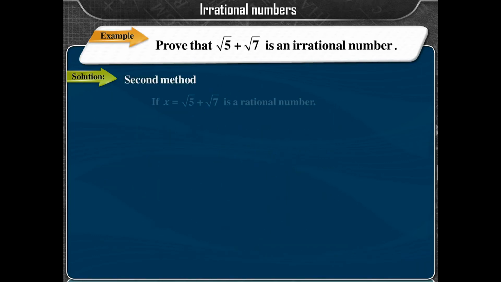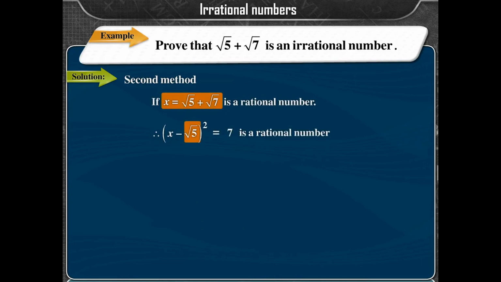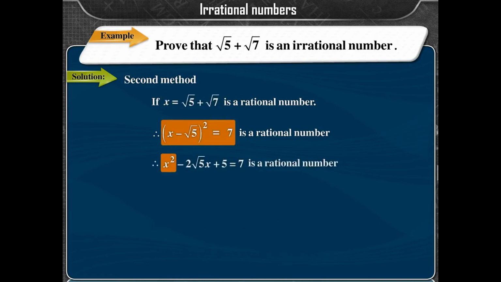Second method. If x is equal to square root of 5 plus square root of 7 is a rational number, therefore, x minus square root of 5 whole squared is equal to 7. Therefore, x squared minus 2 into square root of 5 x plus 5 is equal to 7.